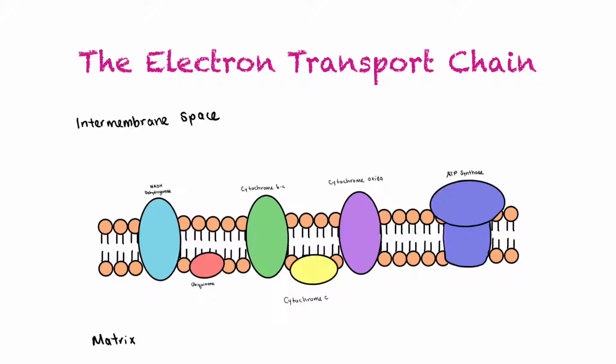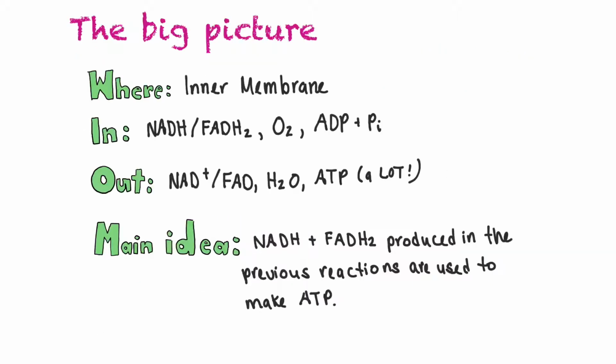In this video, we're going to learn about the last stage of aerobic cellular respiration, and that is the electron transport chain. The electron transport chain occurs on the inner membrane of the mitochondrion, and it involves moving ions across the membrane from the matrix into the intermembrane space, and then moving them back into the matrix.